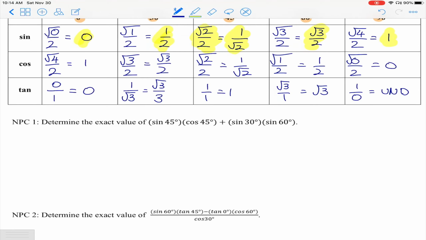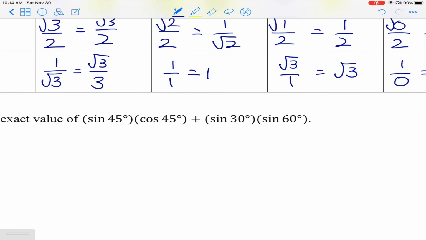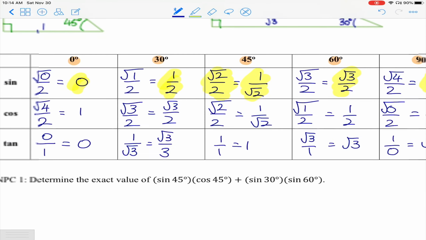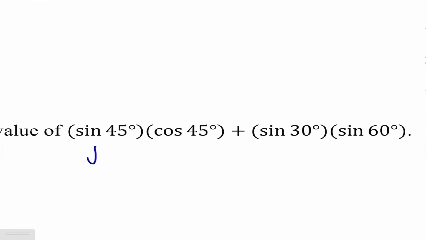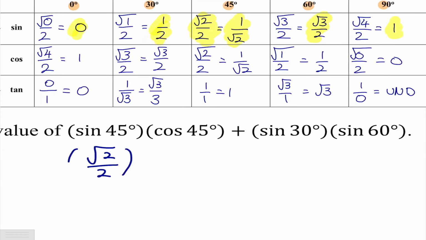So then, the first one, sine 45. 45 is the third one, 0, 30, and 45, so that means it's 0, 1, and 2. Therefore, it is square root of 2 over 2. Now, cosine 45 is again in the middle, the third one, so it is the same as the sine 45, because you have to count 4, 3, and 2.